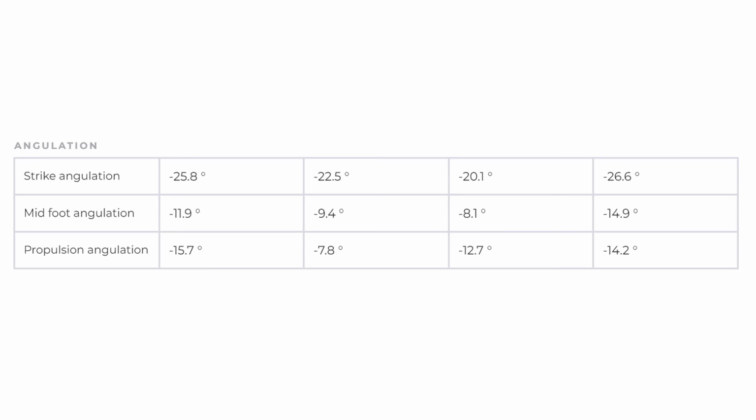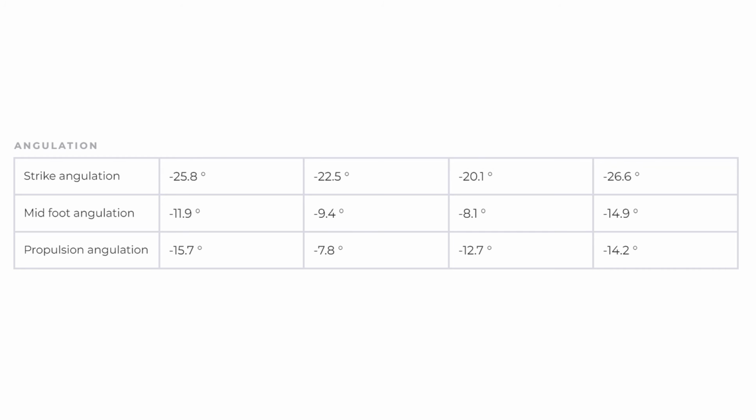Looking at the angulation, remember that this angulation is looking at pronation, supination, or inversion, eversion of the midfoot to the rear foot in that frontal plane. So strike angulation, she's fairly normal in 26 to 20, even on that slower speed. No cause for alarm.